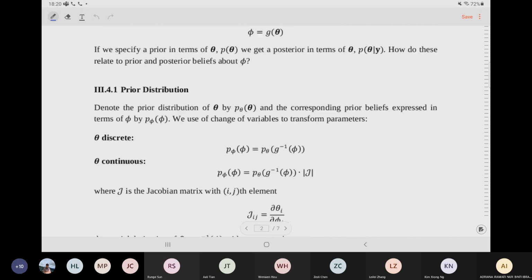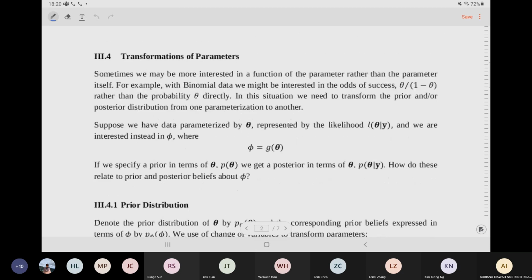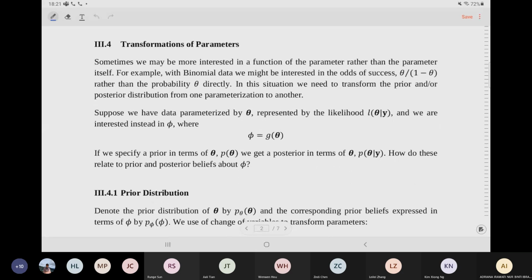Now we're going to go into something a bit more theoretical, because we have to look at transformation. Sometimes we are more interested in a function of a parameter rather than the parameter itself.